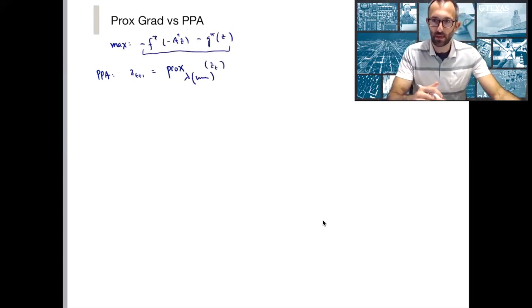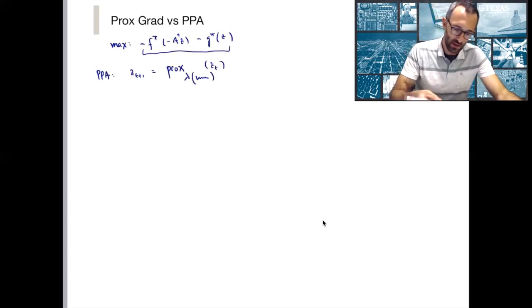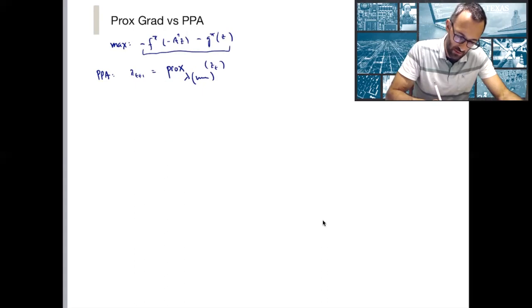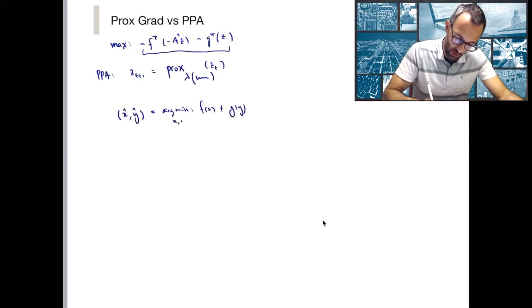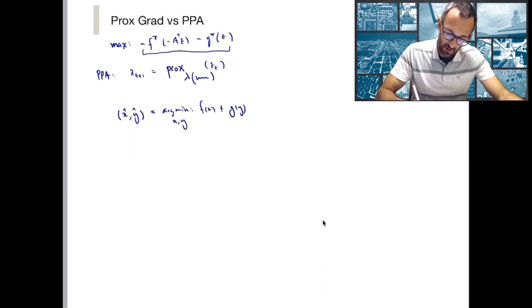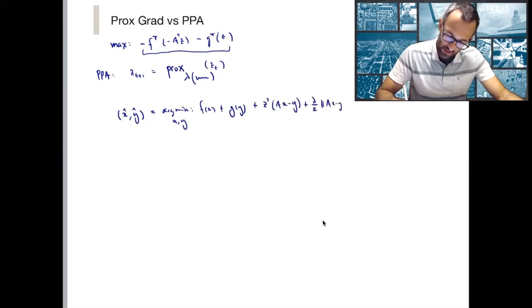This was the subject of the previous two lectures in this series, and we saw that the proximal point algorithm gets x hat, y hat equal to the argmin over x and y of f of x plus g of y plus z transpose (Ax minus y) plus lambda over 2 times (Ax minus y) squared.